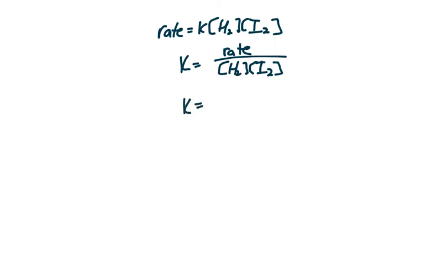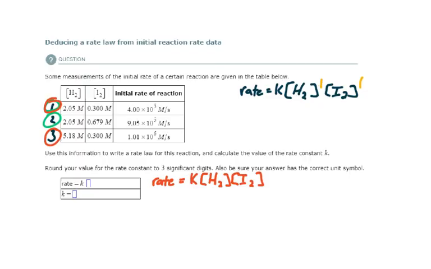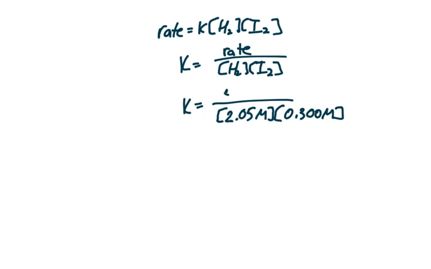So k is equal to the rate, 4 times 10 to the 5, divided by 2.05 molar times 0.3 molar.